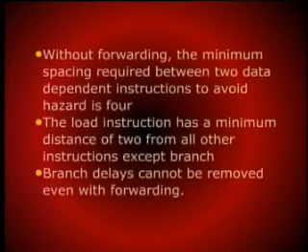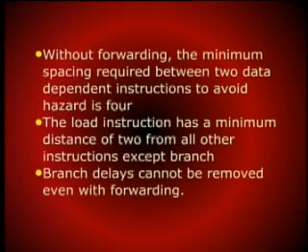One could note that without forwarding, the minimum spacing required between two data-dependent instructions to avoid the hazard is 4. So there is a minimum of 4 clock cycles required in order to avoid a data hazard for this particular example of SRC, taking into account the different categories of instructions.